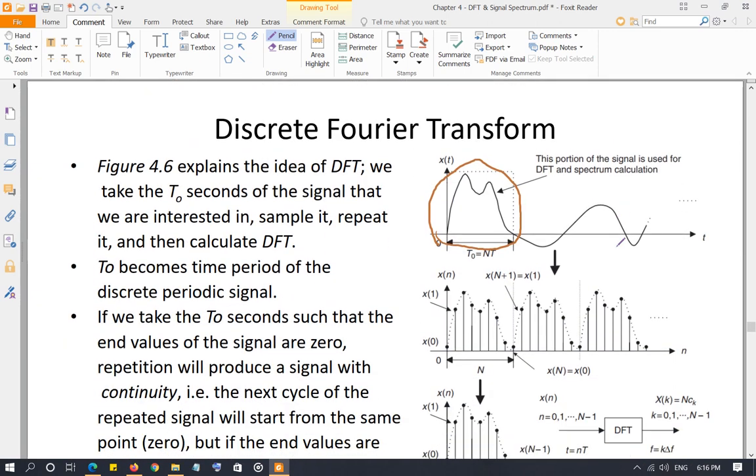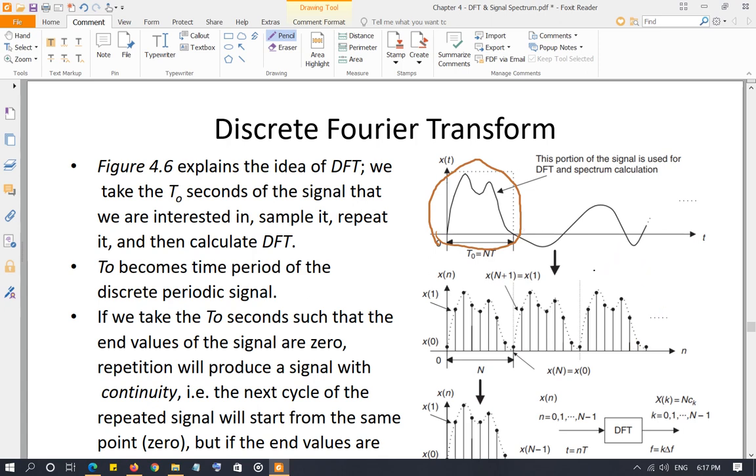One thing that we're going to discuss in the next topic, which is the window functions, is this: when you extract a portion of the time domain signal that you're interested in, if you are extracting the signal such that your end values are not 0 or not very close to 0, then you will get a discontinuity in the repeated pattern.